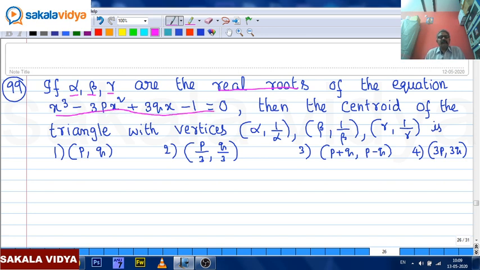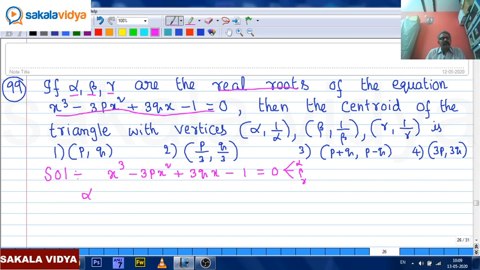Then we need to find the centroid of the triangle with vertices alpha comma 1 by alpha, beta comma 1 by beta, gamma comma 1 by gamma. The equation x cube minus 3px square plus 3qx minus 1 is equal to 0 has 3 roots alpha, beta, gamma.